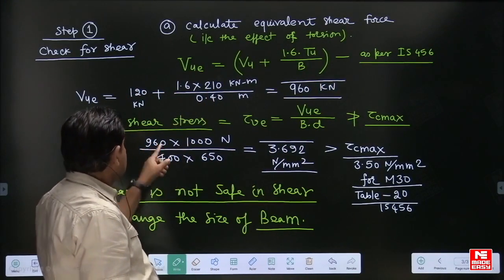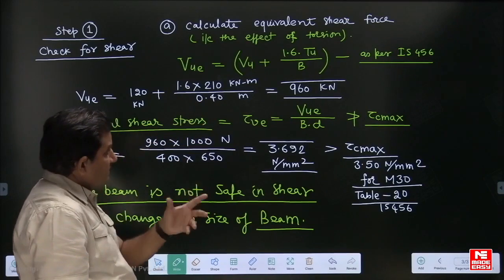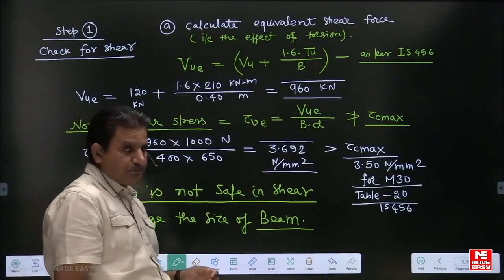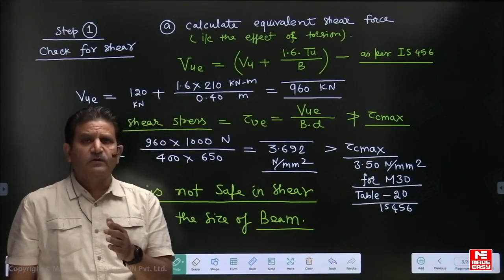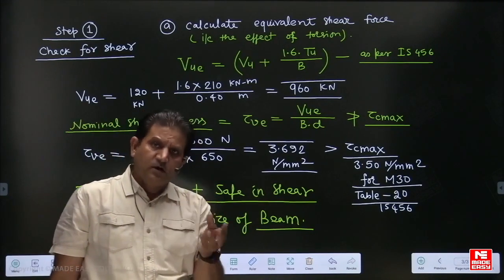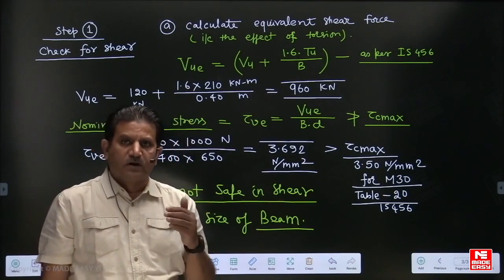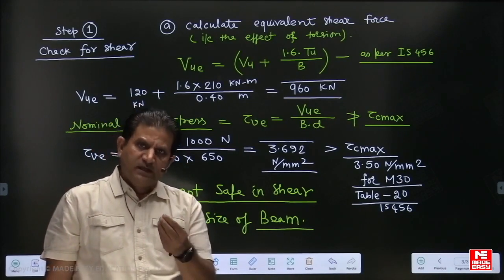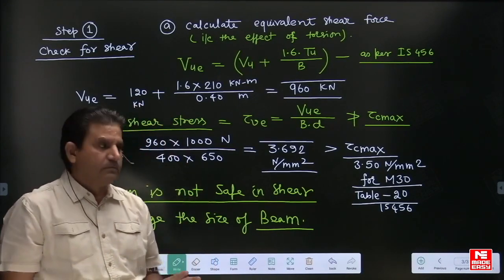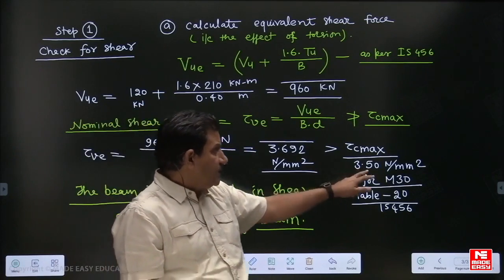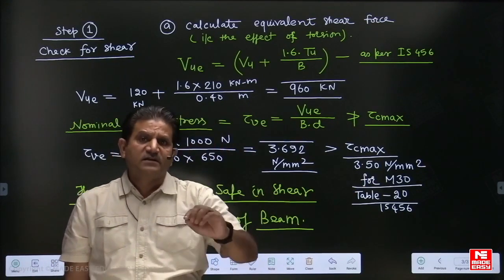So let's increase the width. Even if your tau v value becomes less than 3, then you can design it more comfortably. Even if it becomes near about 2, then also you can design it comfortably. So 3.5 doesn't mean we have to design just near 3.5.